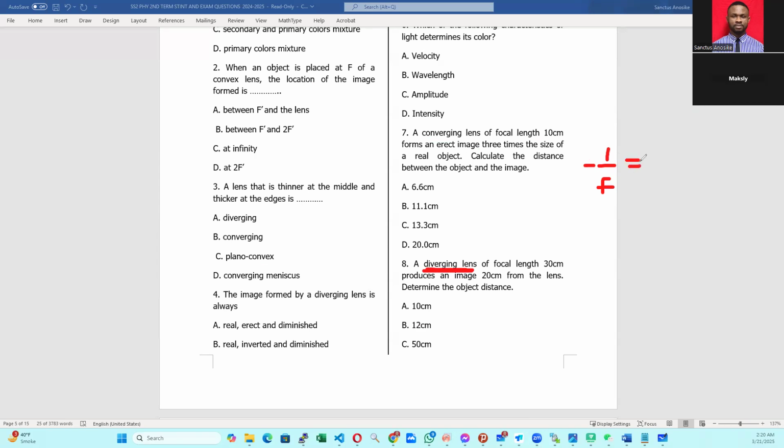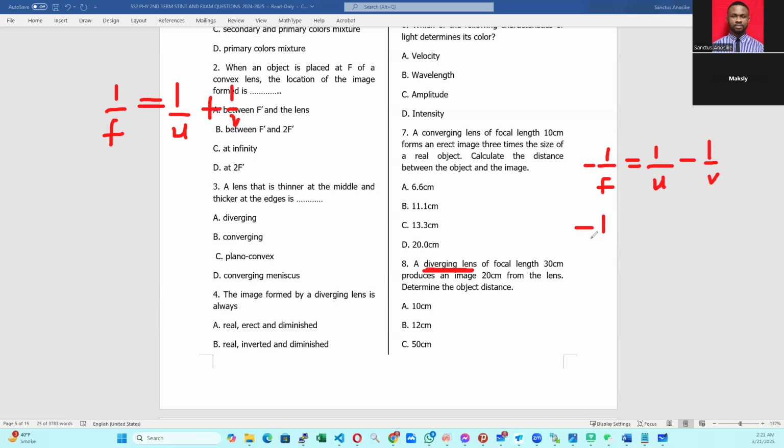Equal to, don't just use 1 over f equal to 1 over u, because this is the general formula. You have to adapt it to suit the question. You put minus here, then 1 all over u, minus again 1 over v. So this is the formula you're going to use. If you use this formula, you just get your answer directly.